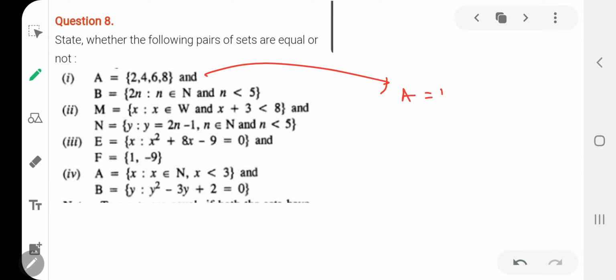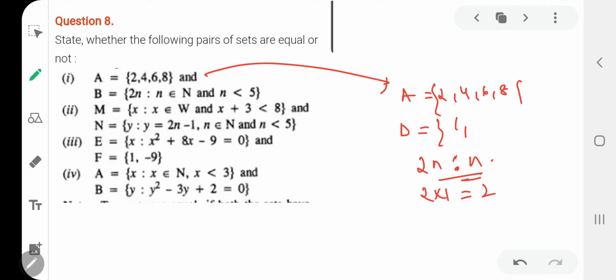A is given as 2, 4, 6, 8. And for your B, you have to solve the equation. It is given n is less than 5, it belongs to natural numbers. So your elements will be 1. Sorry, you have been given the equation 2n. That means you have to double n. So the value of n is doubled. Natural numbers start from 1, so you take 2 into 1, that will be 2. 2 into 2 you will take 4. 2 into 3 you will take 6.